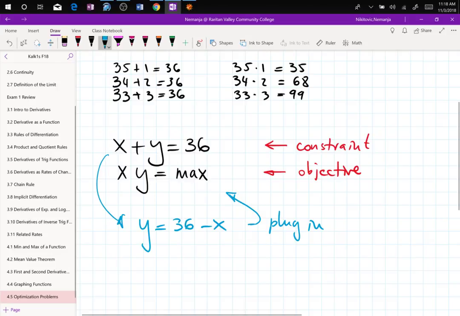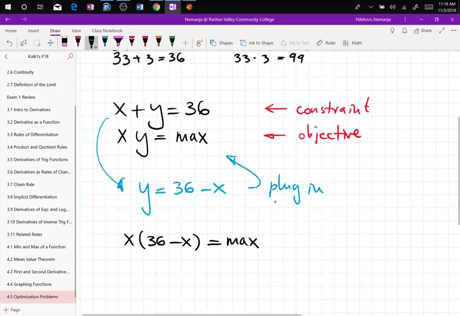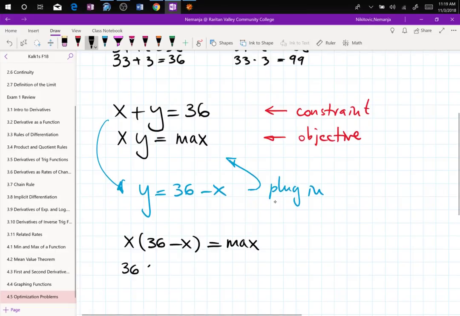So now I have x times 36 minus x equals a max, which is 36x minus x squared equals a max. So this is my equation now. And how do I find the maximum?